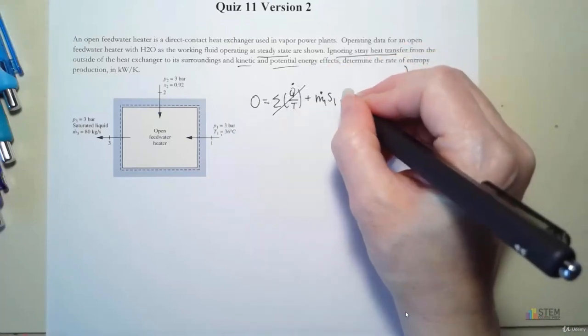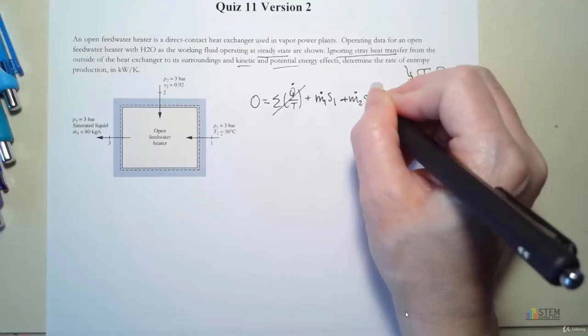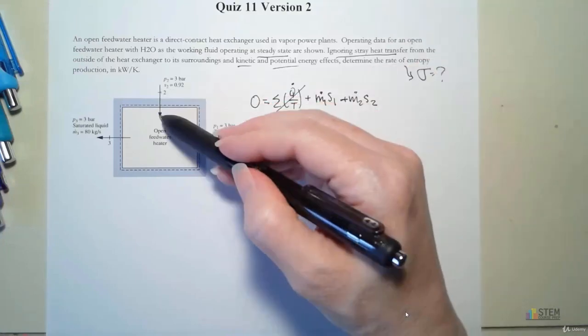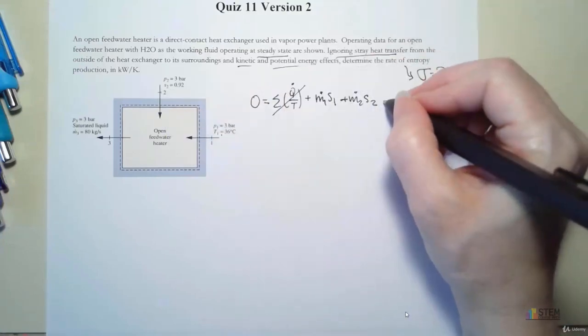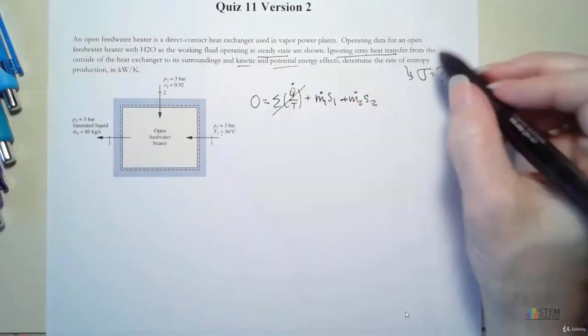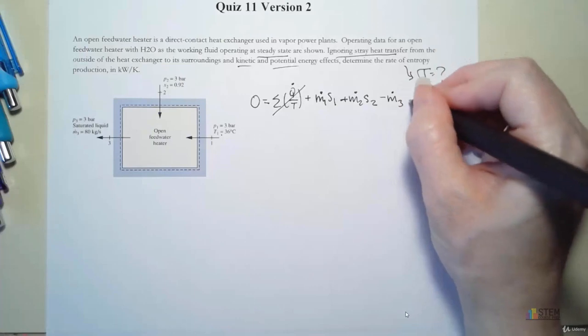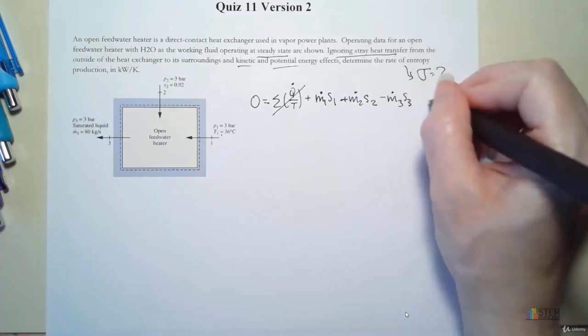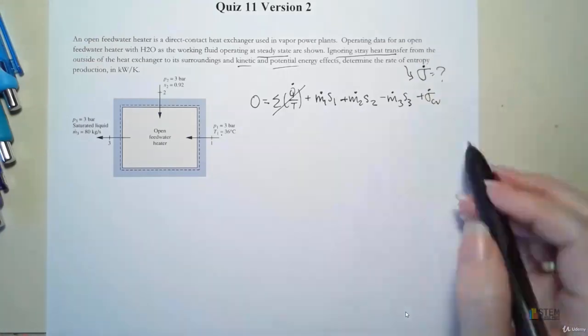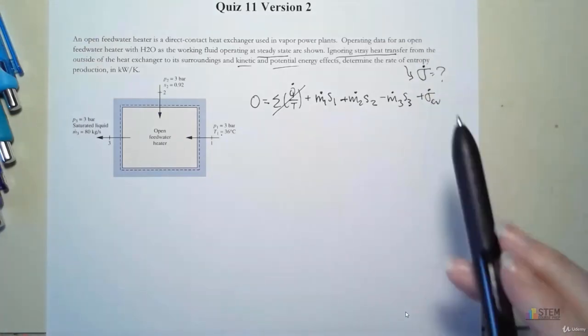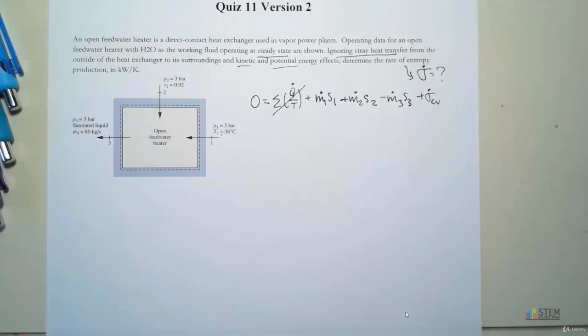And then we're going to have plus m2 dot times s2. Again, that's an inlet, so it's positive. Now our exit, which is 3, is going to be negative. So we'll have negative m3 dot s3. And then finally you get your plus sigma dot. Actually, it's a sigma dot we're wanting, not sigma. Right, so sigma dot will be your rate.